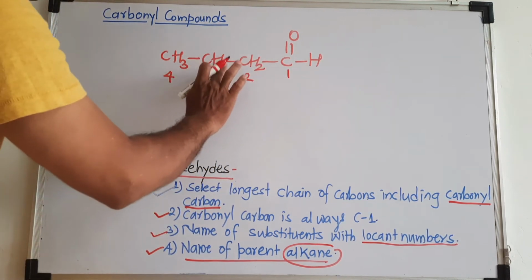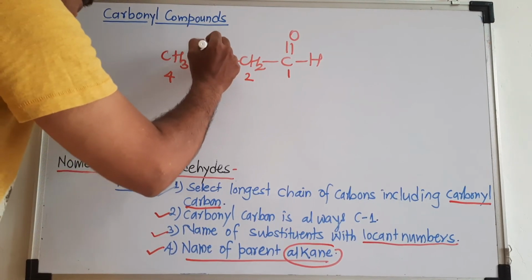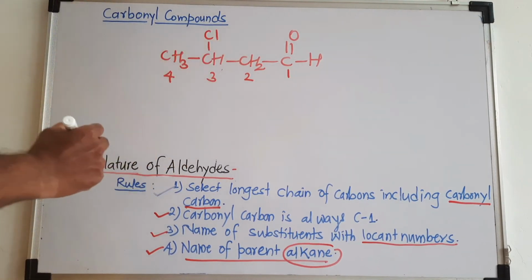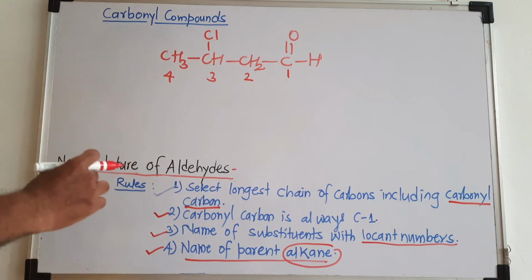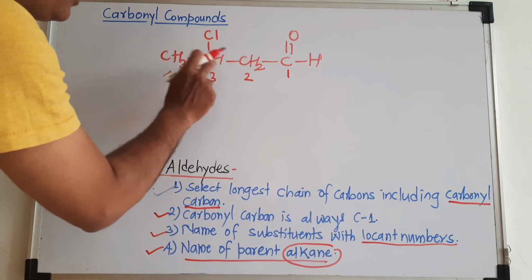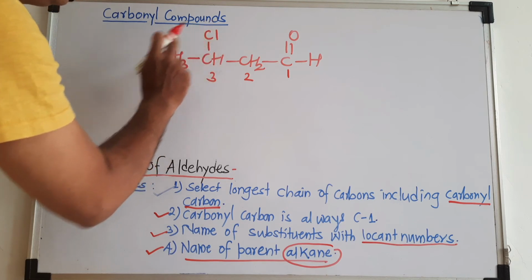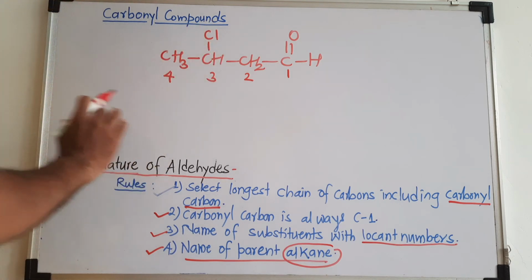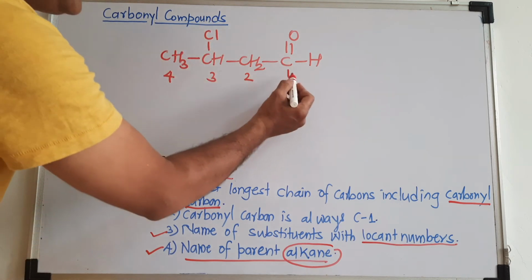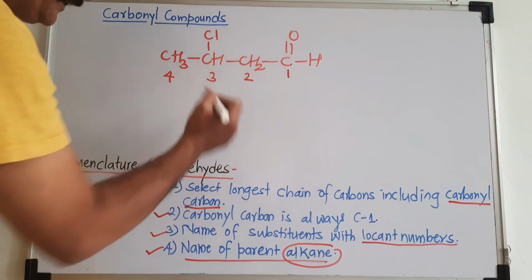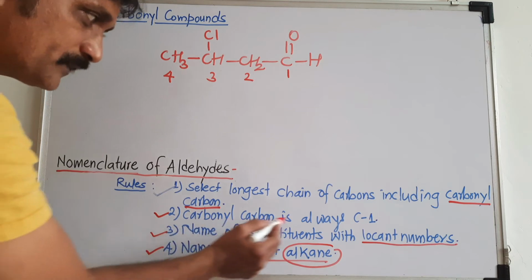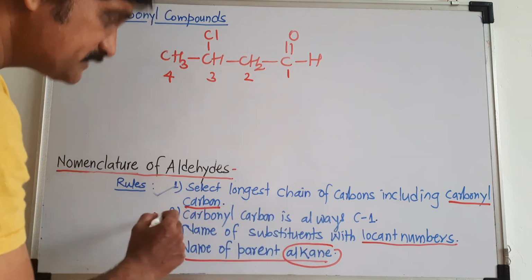If branches or any substituent is present, then only numbering is required. Otherwise, you need not give the number. Here, I have replaced one hydrogen with chlorine. So there is a substituent. Now the numbering is required, and numbering always starts with the carbonyl carbon. So 1, 2, 3.